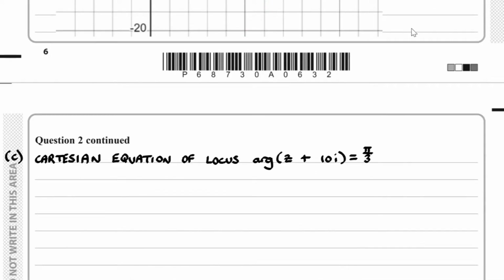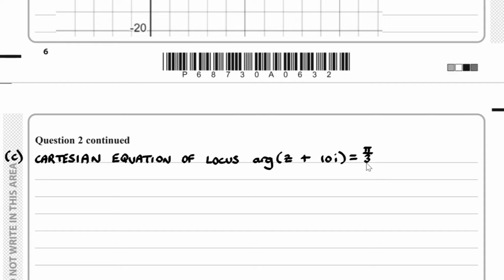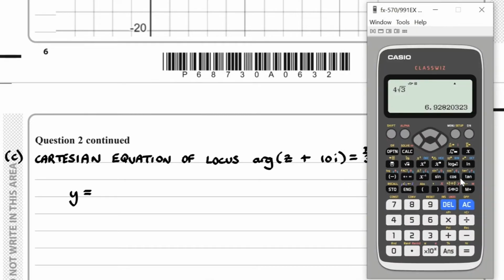Well, if we define the Cartesian equation of the locus of the argument of z plus 10i equals pi over 3, if I work out what this is, we have y equals, now the gradient will equal the tangent of pi over 3. Now pi over 3 is 60 degrees, and so the gradient of our line is root 3.